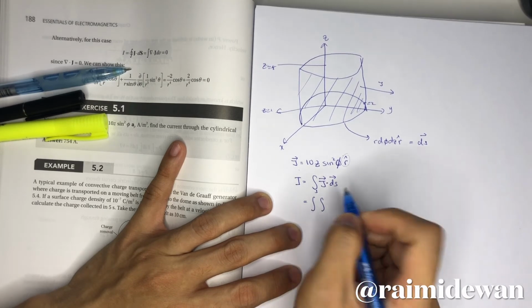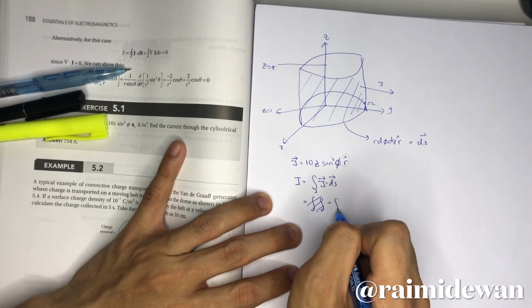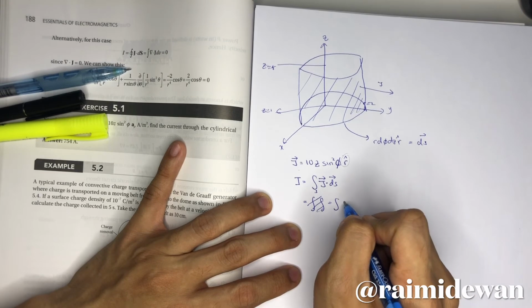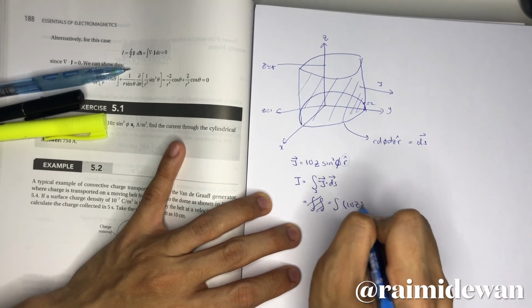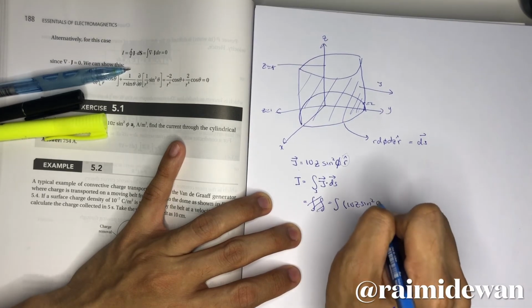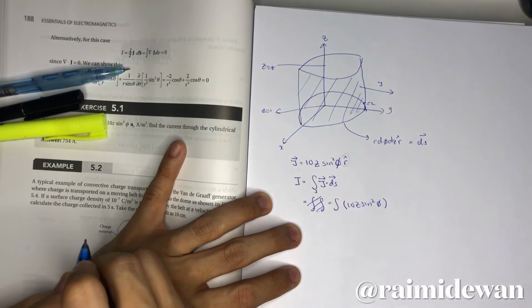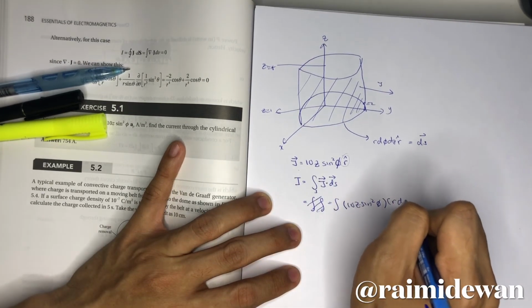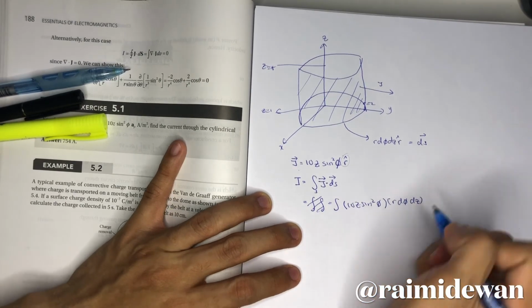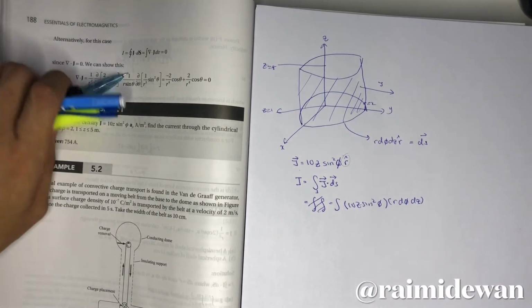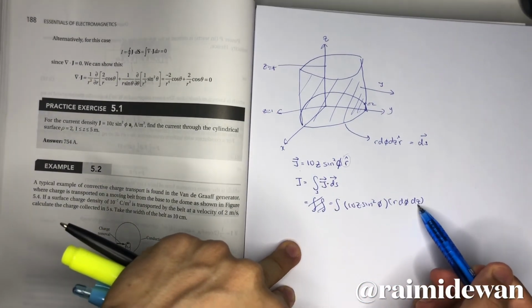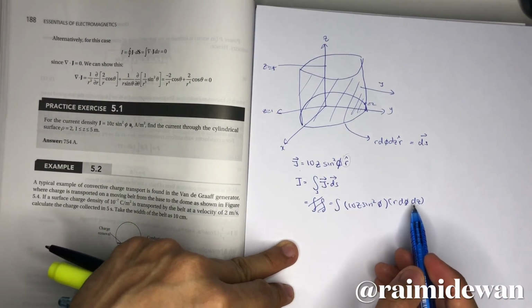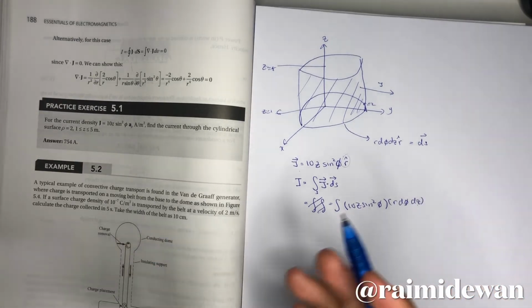Just figure this out. Then z is what? Then z sin squared φ, and also r dφ dz. You see dφ and dz here, so they are the variables, we change the value.